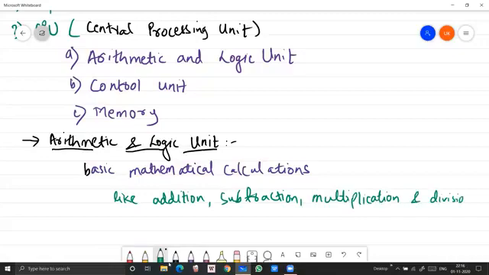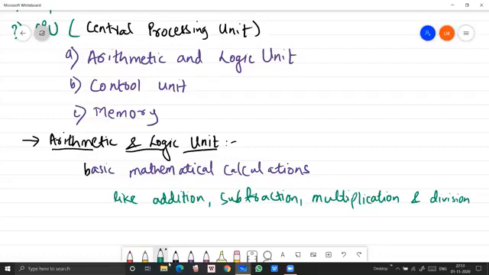So these are the few basic mathematical calculations. Now students, if you want to have more mathematical calculations, you have different types of formulas also available when we go further, in the advanced features.